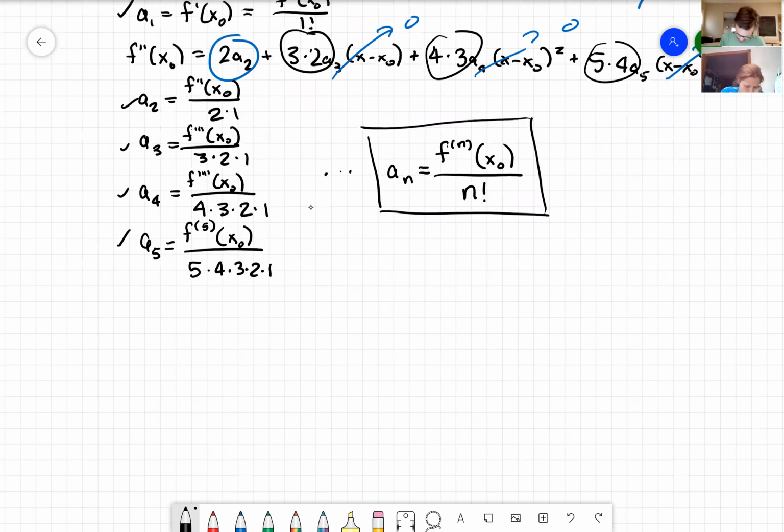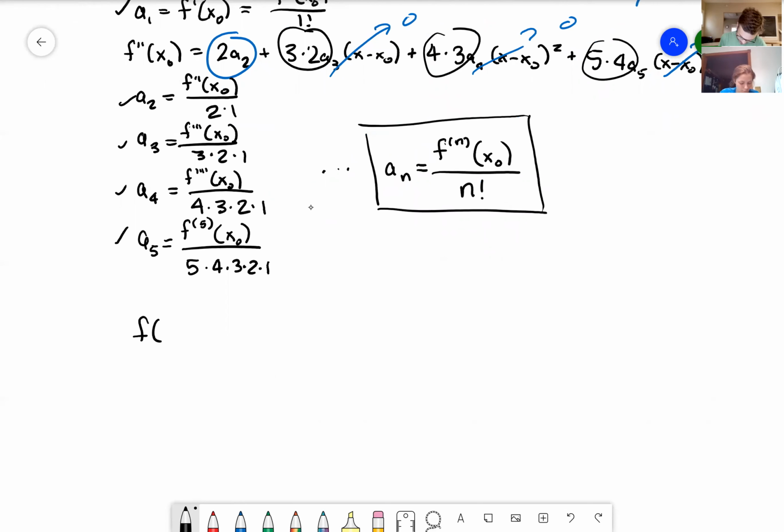So if we have a function and we declare that for some region around x0, this power series will represent f of x, then what we get is the sum from n equals 0 to infinity, the nth derivative of f, keeping in mind the convention that the 0th derivative of f is just f itself, divided by n factorial, keeping in mind that 0 factorial is equal to 1.